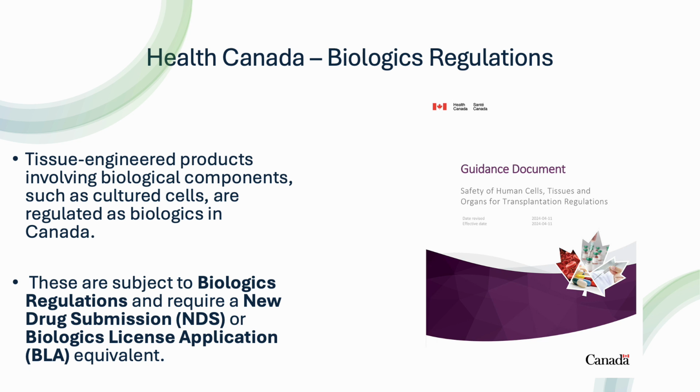So, in a nutshell, tissue engineered products involving biological components such as cultured cells are regulated in Canada as biologics. So these are subject to biologics regulations and require a new drug submission, or NDS, or Biologic License Application, or BLA equivalent.